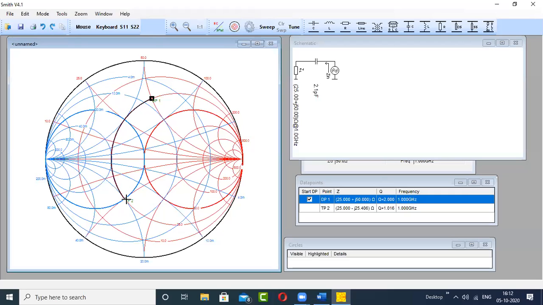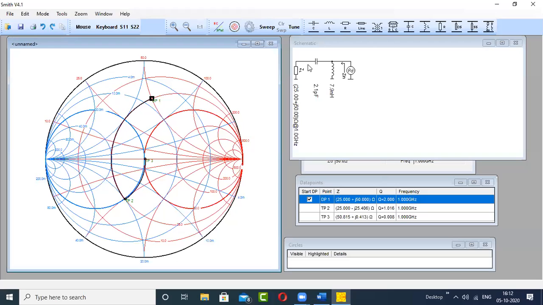Now we have to move from this intersection point to the center of the Smith chart. For that, you need to work on a shunt inductor, because this time you're moving in anti-clockwise direction on the Y chart. So a shunt inductor is required.